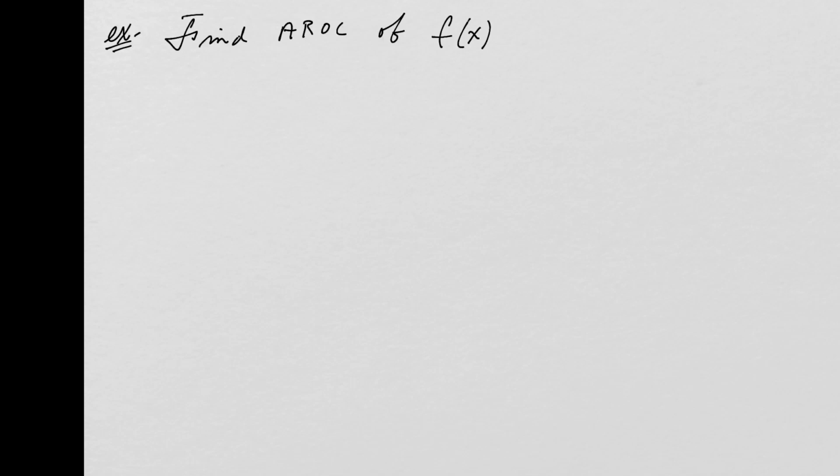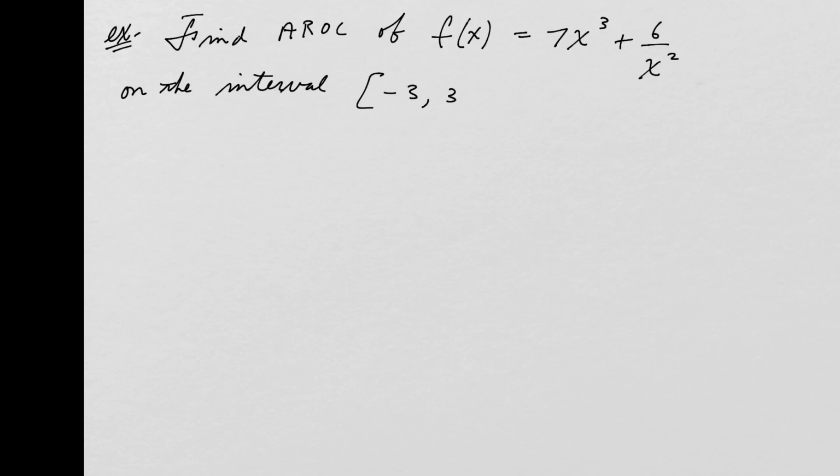So for example, let's say I want to find the average rate of change of this function, f of x is equal to 7x cubed plus 6 over x squared, on the interval say -3 to 3.